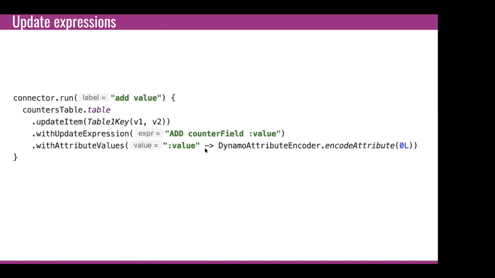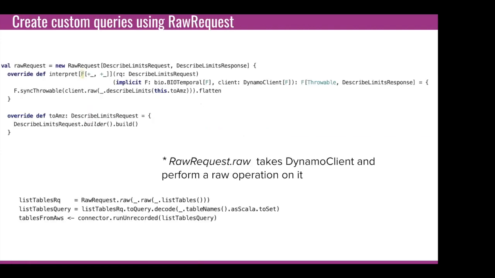As you can see, D4C probably covers all situations that you could encounter in your daily job. But if it hasn't, you could describe a request you want using the raw requests. Here I've described a raw request to query a table with limits. We need to provide a request itself using the toAMZ function. So here we use these Java builders.